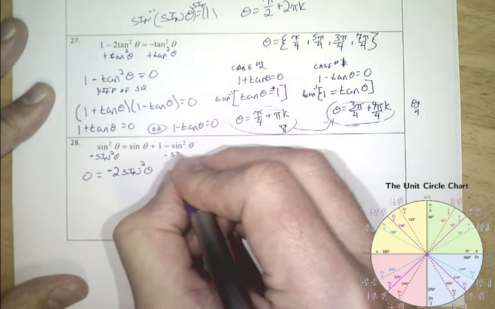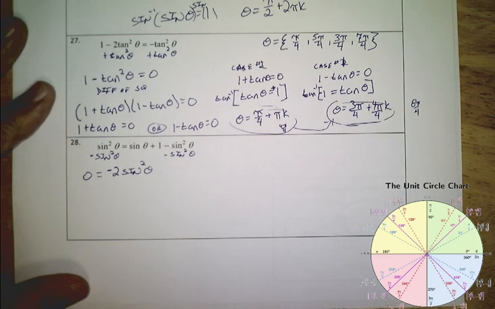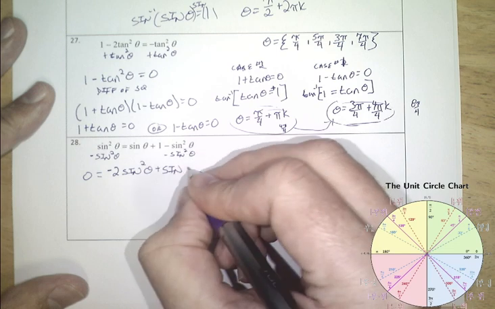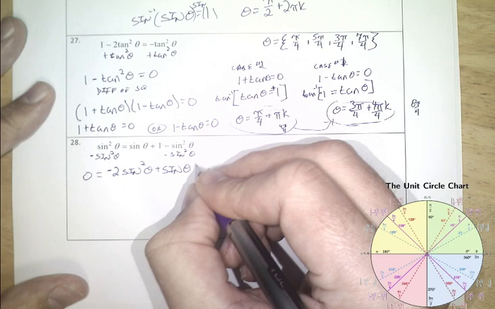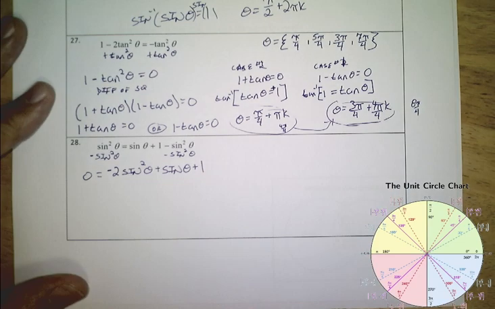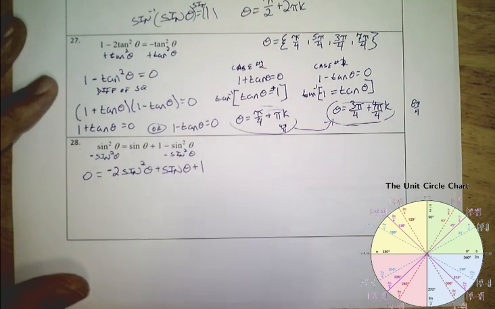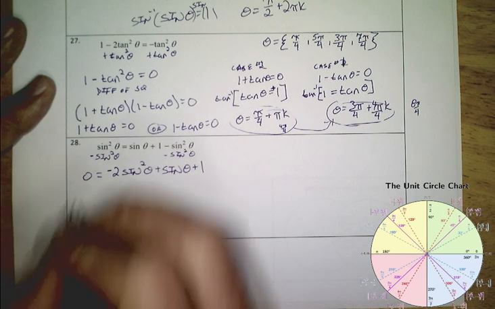That's the like term right there we can combine. Then we have a plus sine theta and a plus 1. I'm going to switch the sides and multiply everything by negative 1, so that way our leading coefficient is positive.